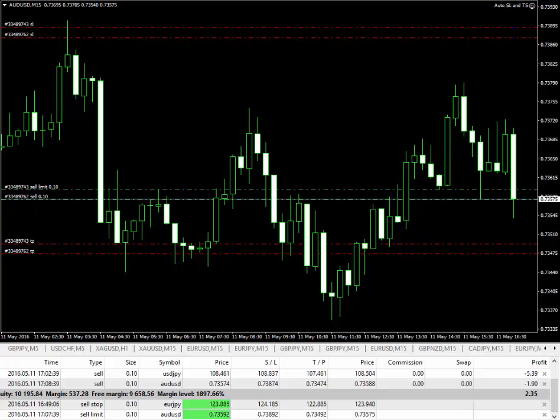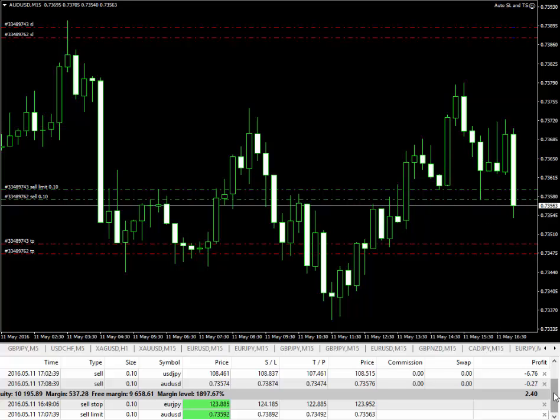One is a sell limit and the other one is a sell stop. A limit sell means when the market goes up and hits that price, the order will be filled in, and the stop orders are the ones below the market, while the limit price is the one above the market. Both of them are sell. So a stop is when the market reaches a certain level, it will sell, and the limit is when the market retraces back to a certain level, it will sell.